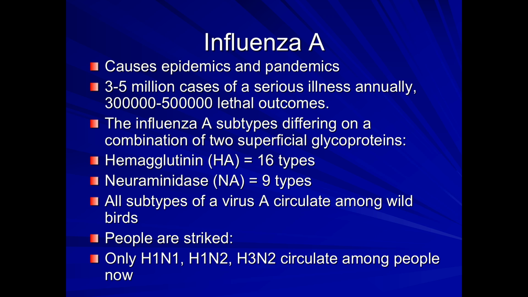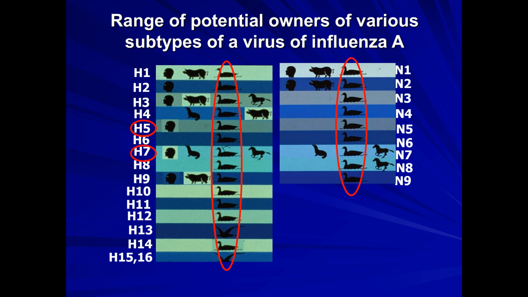All subtypes of the virus circulate among wild birds. In people, only H1N1, H1N2, H3N2 circulate now.